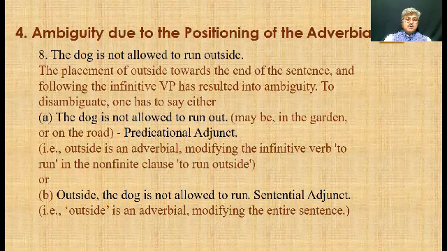Predicational adjunct. That is, outside is an adverbial modifying the infinitive verb to run, in the non-finite clause, to run outside. And the second meaning is: outside, the dog is not allowed to run. Sentential adjunct. Outside is an adverbial modifying the entire sentence.